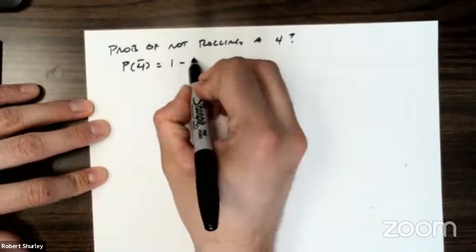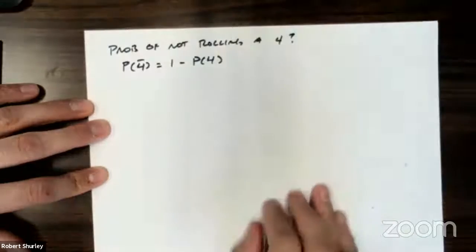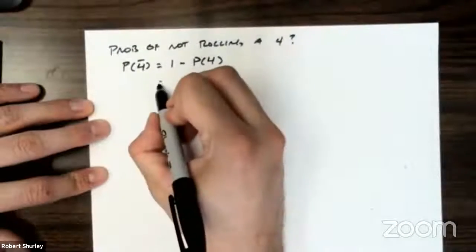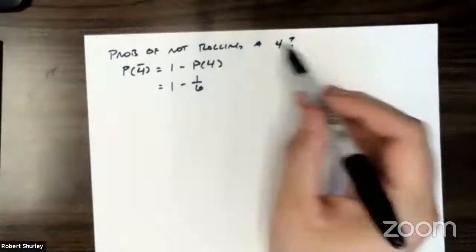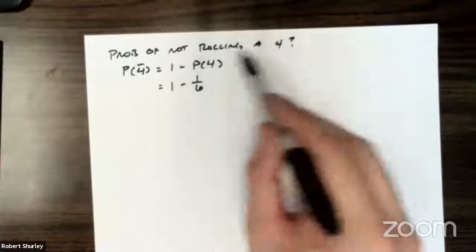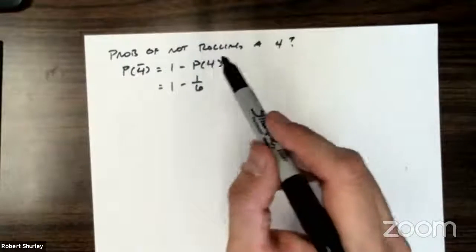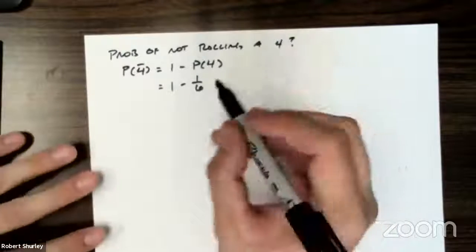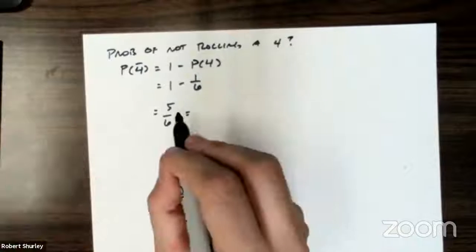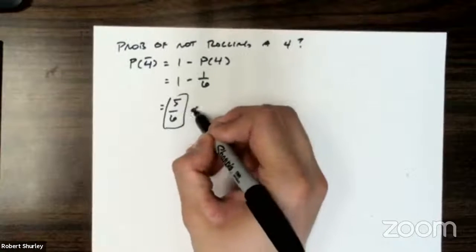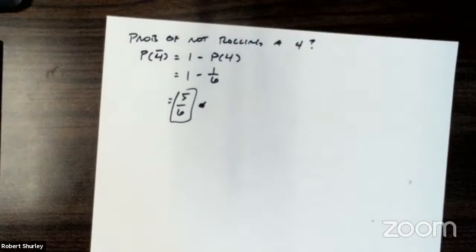It's going to equal 1 minus the probability of rolling a 4. Well, we know the probability of rolling a 4 on a 6-sided die is 1 out of 6. So it's 1 minus 1/6. Well, that's 5/6. Actually, let's leave it as 5/6 because it's a goofy decimal. Okay.